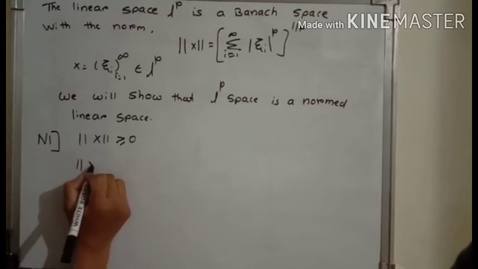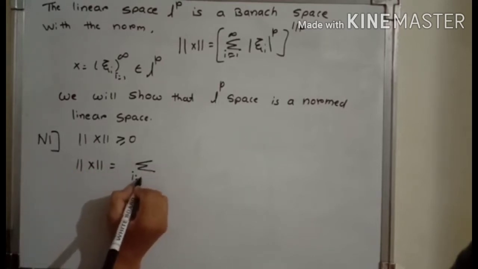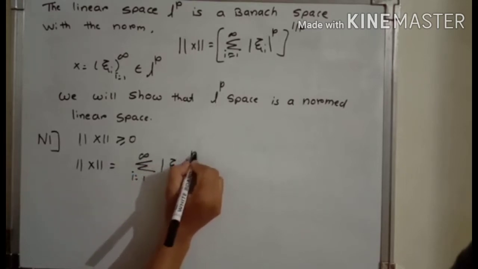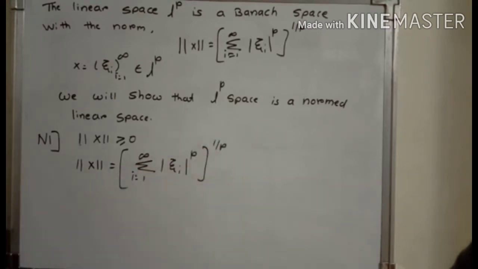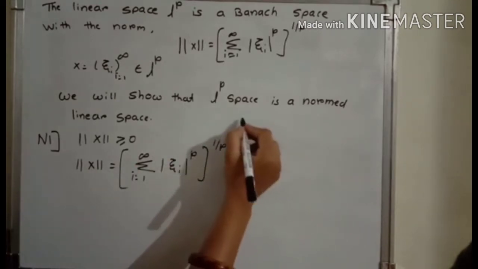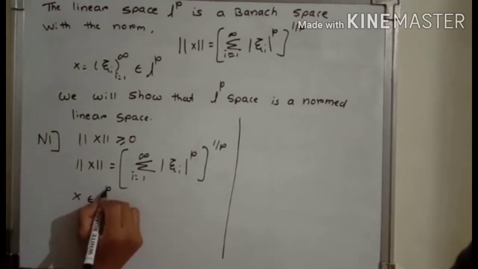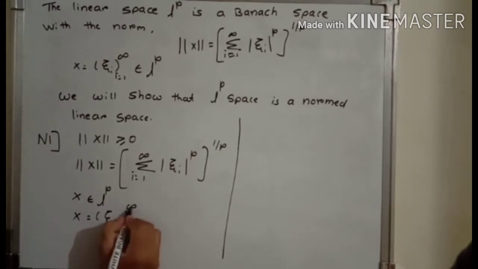By definition here, ||x|| = (Σ from i = 1 to infinity |ξi|^p)^(1/p). As here x is an element of ℓp, therefore x equals the sequence (ξi), i from 1 to infinity.